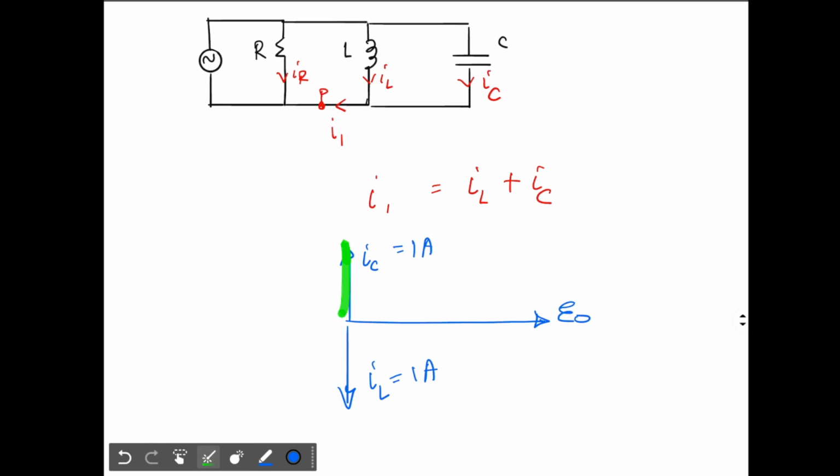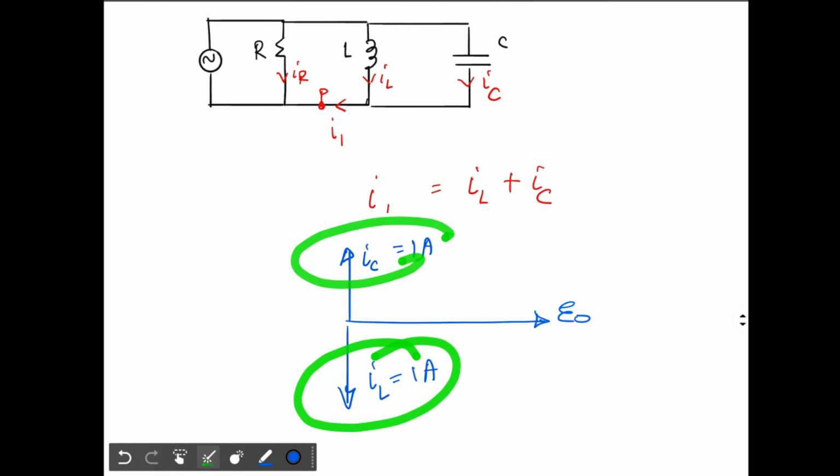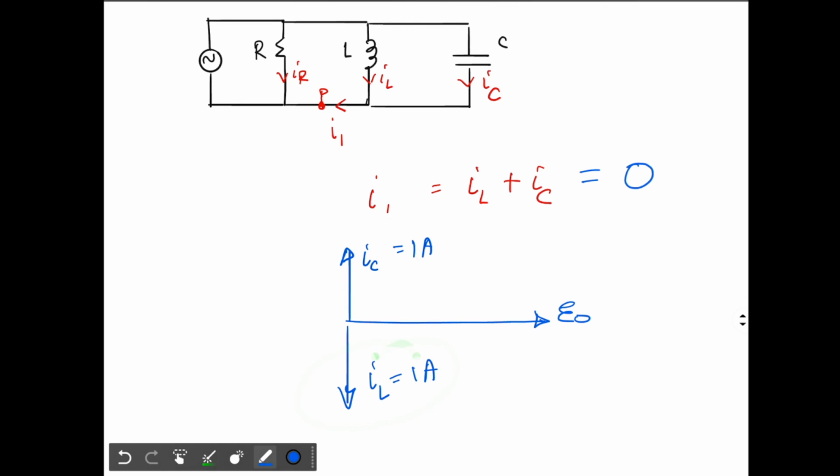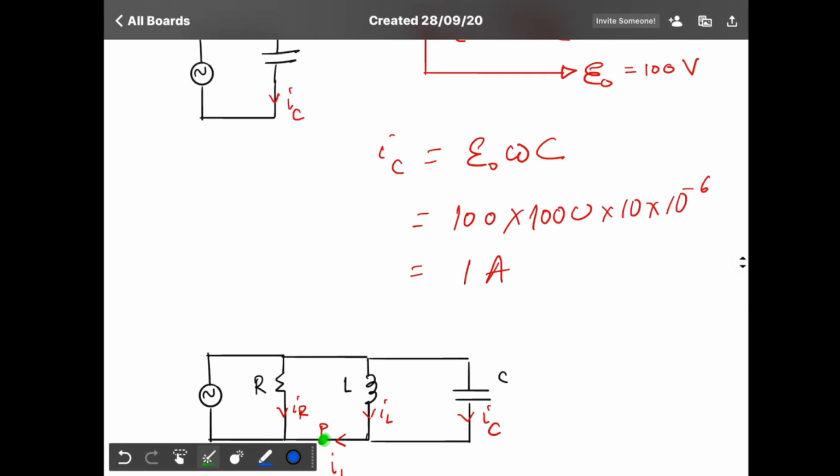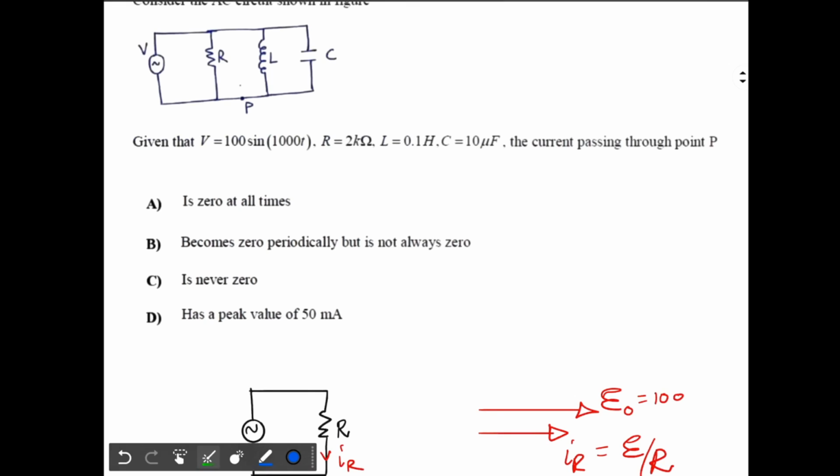When you add these two phasors, you add them just like vectors, and you get 0. So the net current will be 0. So the current through point P will be 0. The current through point P is 0 at all times, and that will be the correct answer.